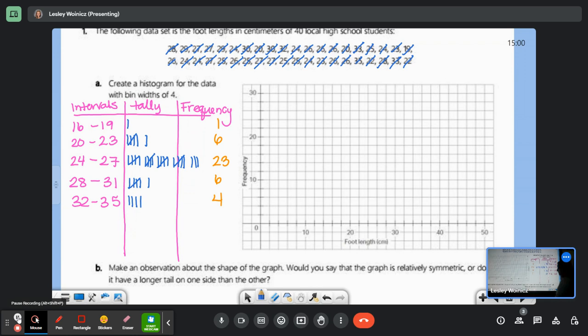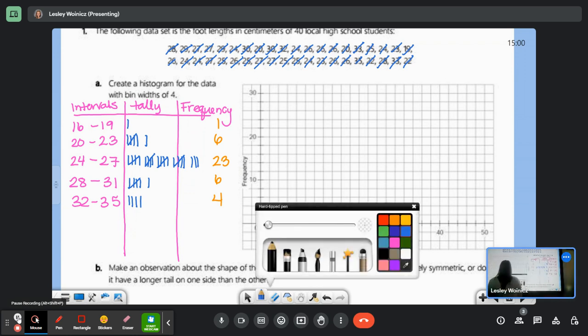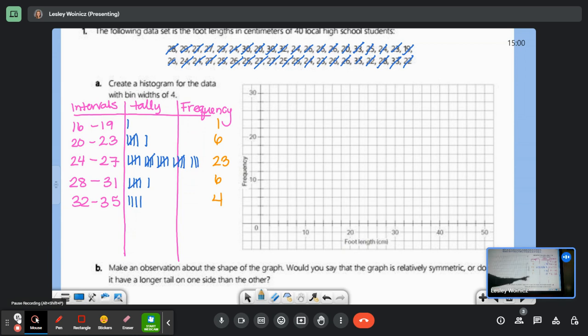Okay. What do you think I'm about to show you? All right, so from 16 to 20 is one bin, right? But the 20 goes on this side, and the 19.9 will go to that side. Is everybody okay with that? Some of you don't know what I'm talking about.